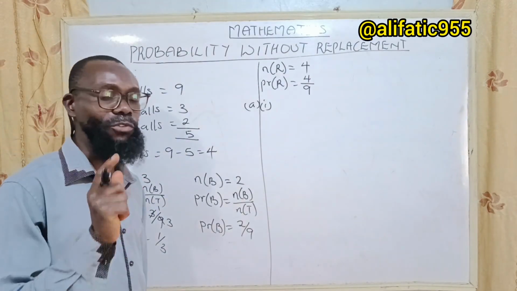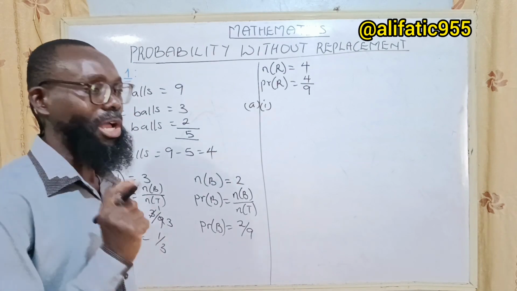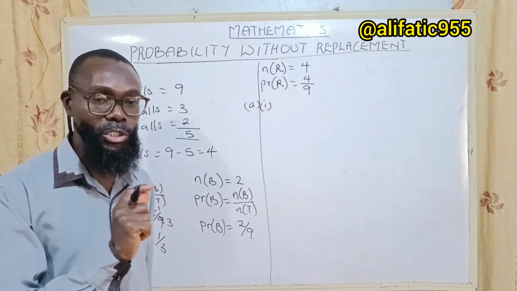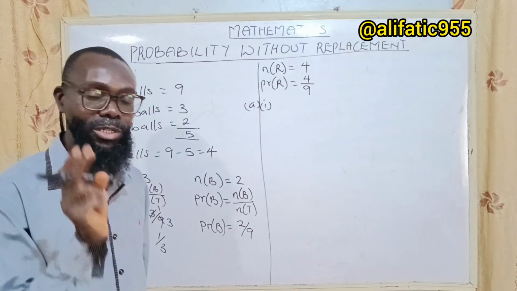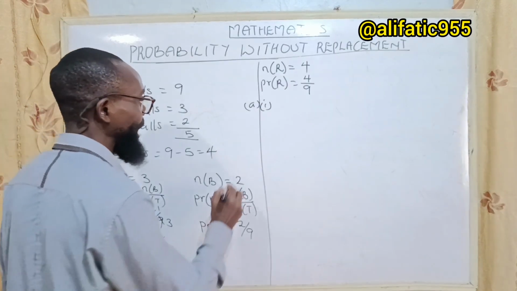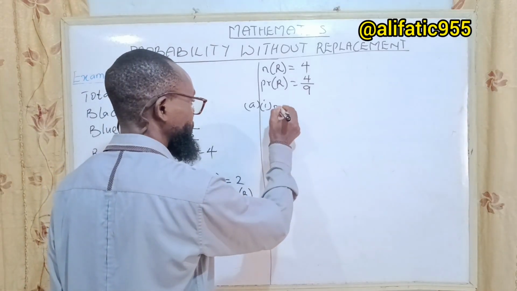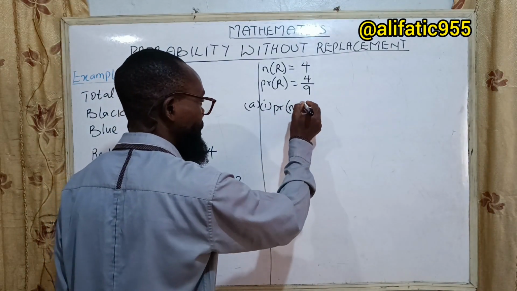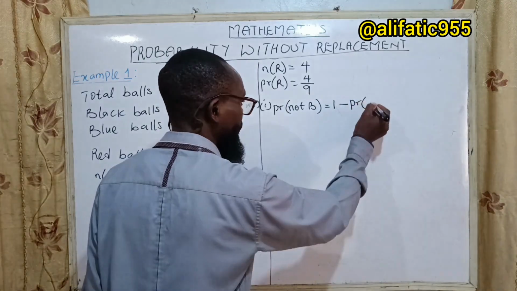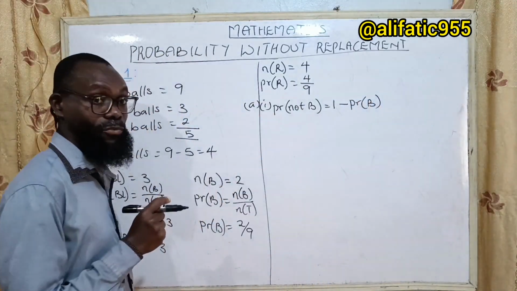To find the probability of not blue, it means we are going to subtract the probability of blue from 1, since you know that the addition of all the probabilities must not be greater than 1. So probability of not blue will be 1 minus probability of blue. So that is the formula.